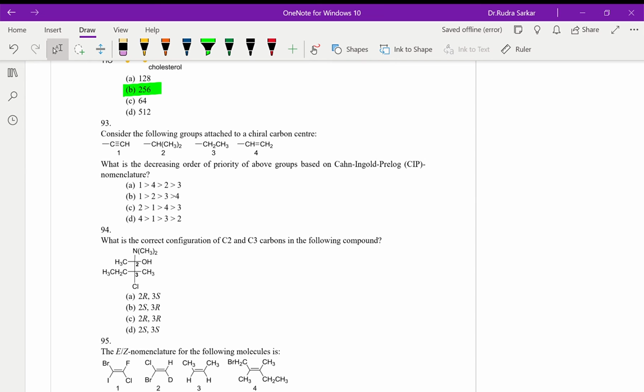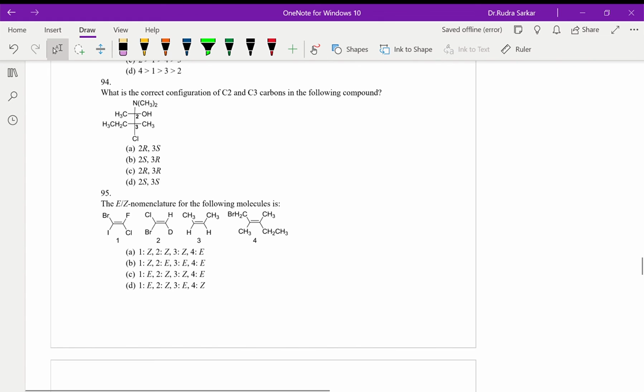Now question number 94. Let's check. It is asking what is the correct configuration of C2 and C3. So over here, according to the Cahn-Ingold-Prelog rule, the higher the atomic number, the higher the preference. For the top one, group number 1 is OH, then it is NH, N(CS)T whole twice, then we have the one below.